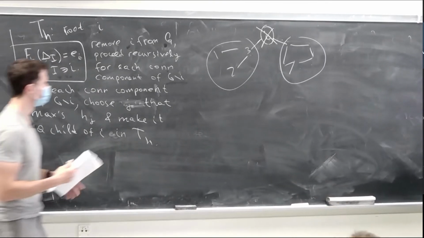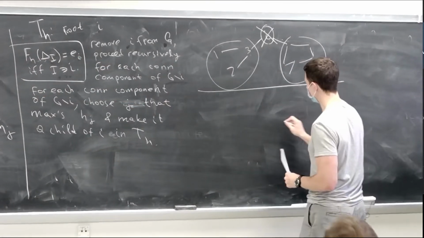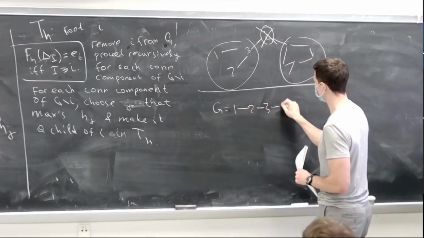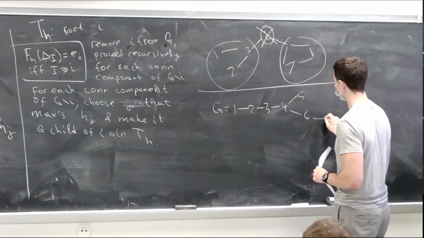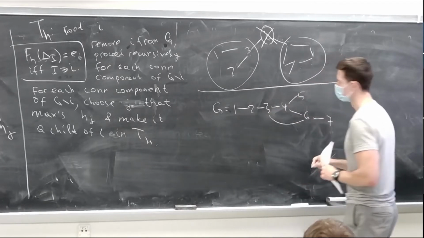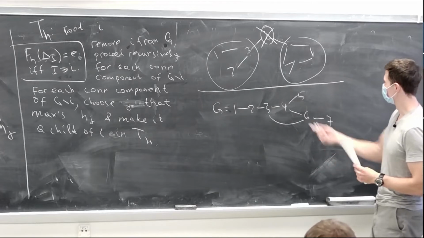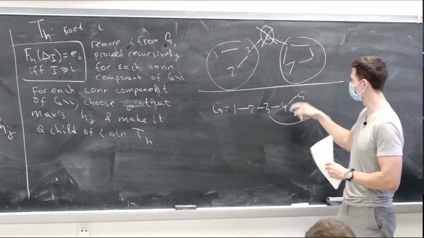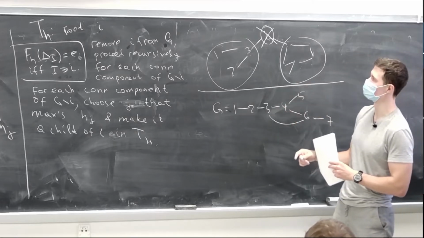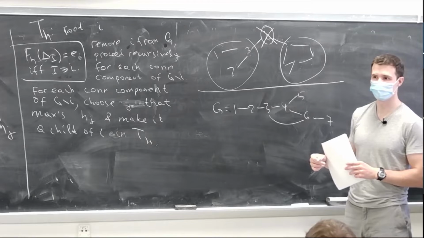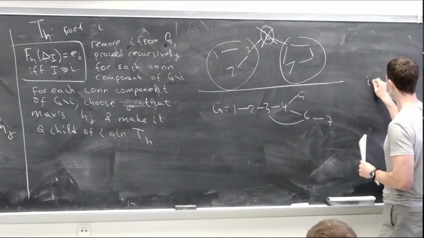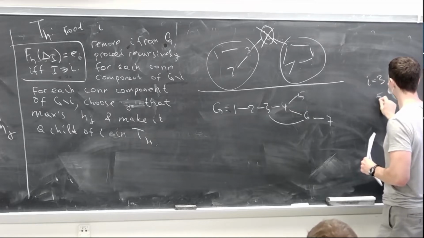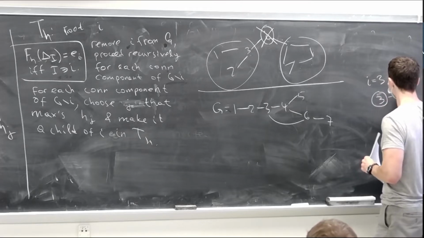Let's say G looks like this: 1, 2, 3, 4, 5, 6, 7. Okay, so maybe somebody can tell me, let's say I choose some h, which of these vertices has the maximum value of h? 3. Okay, so i is 3, in which case my tree T_h has 3 as a root.